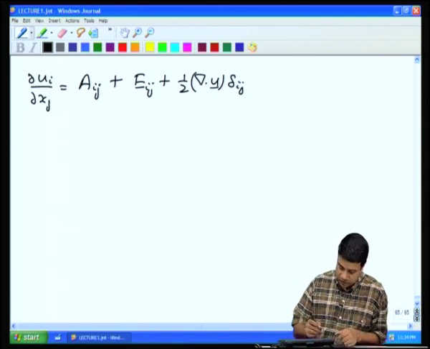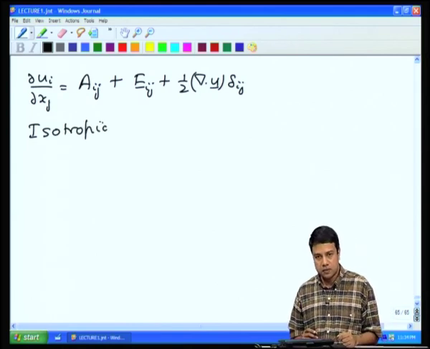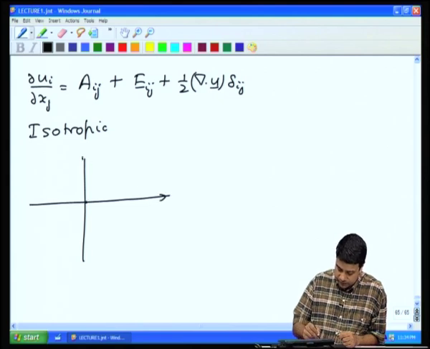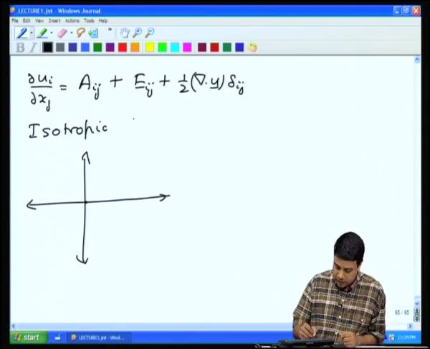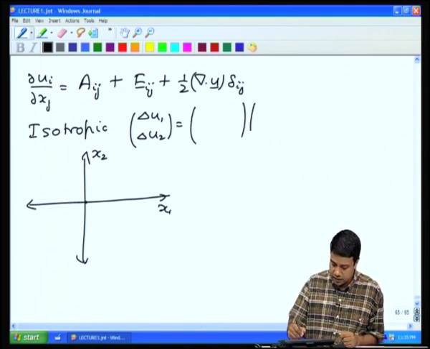First let us look at the isotropic. If I am sitting at one particular location, then for the difference in velocity, with x 1, x 2, I have delta u 1, delta u 2, the 2 components of the velocity, equal to this matrix times the distance I have travelled.